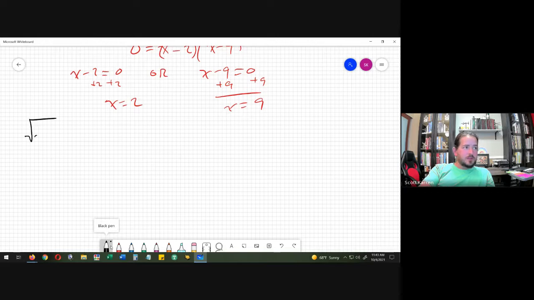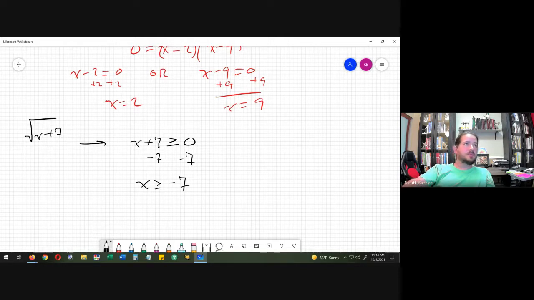With the square root of x plus 7, this tells me that x plus 7 has to be greater than or equal to 0. Anything outside of that is not in the domain. So if I subtract 7, I've got x has to be greater than or equal to -7. And both of these are greater than -7.